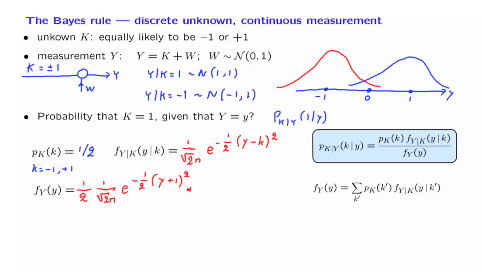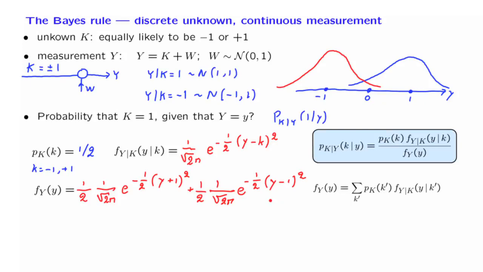And we have another term that corresponds to the case where k is equal to +1, in which case we have this expression here. Once more, this expression here corresponds to this normal with a mean of -1. This expression here corresponds to a normal with a mean of +1, which is this graph here.